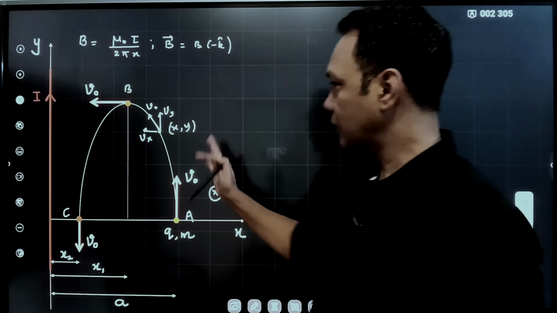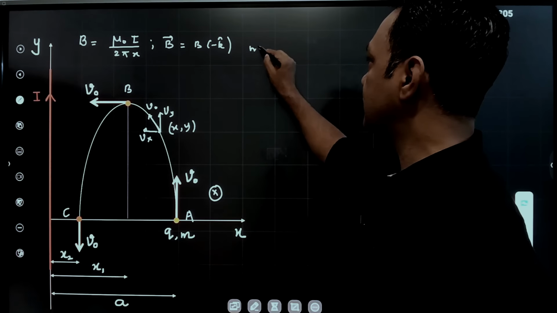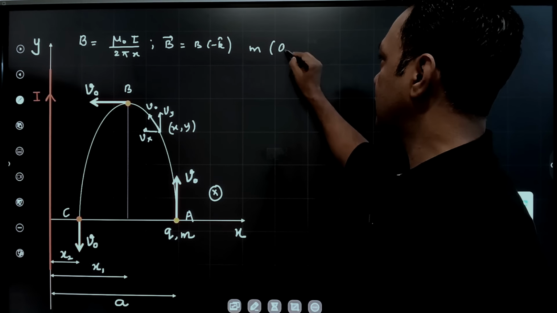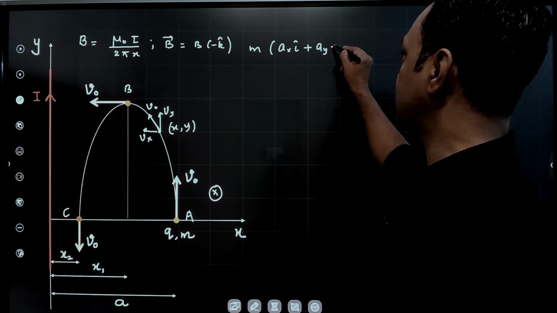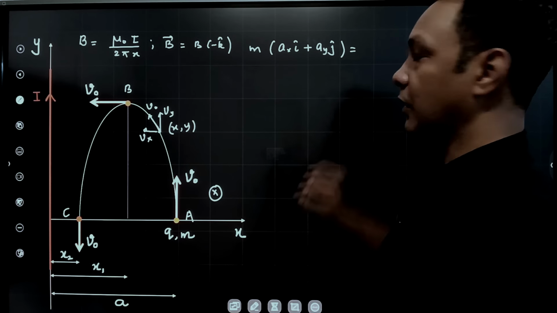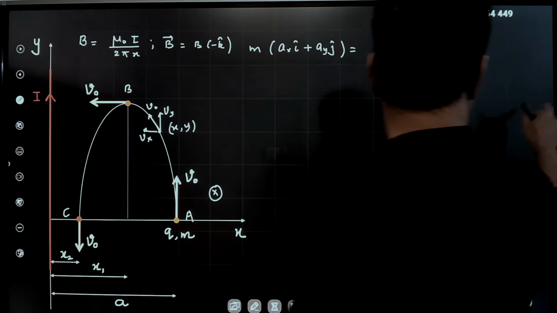So ma is mass times acceleration. Acceleration I can write as ax i cap plus ay j cap, and that would be q v cross B. So the force would be in this direction.